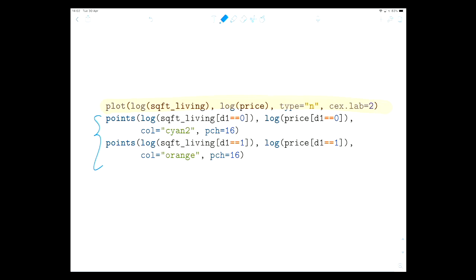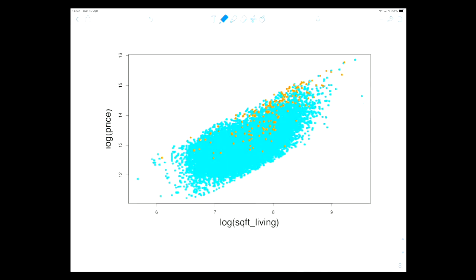So cyan blue would represent no waterfront, and orange would represent a waterfront house. If you look at that, we get to see all our points. All the blue dots are properties without any waterfront, and all the orange dots are properties with a waterfront.